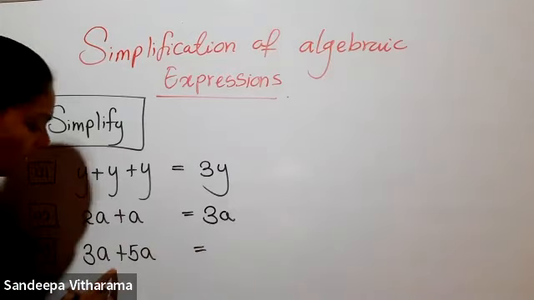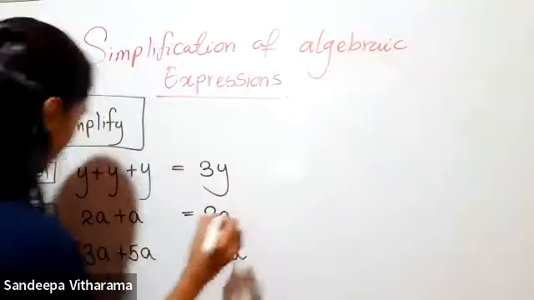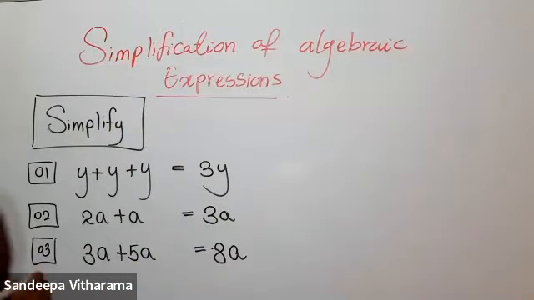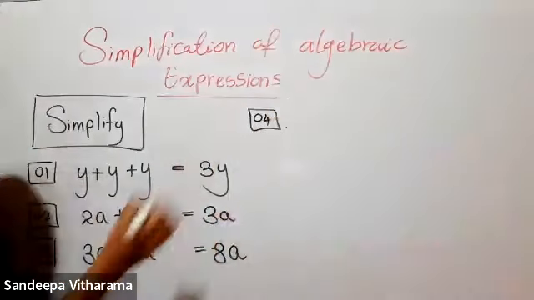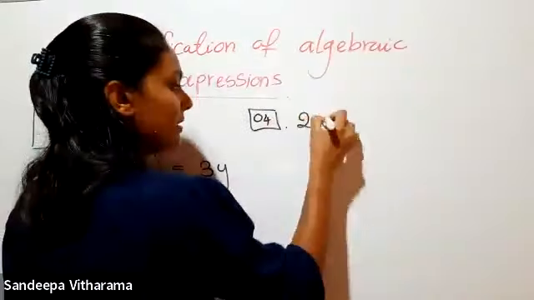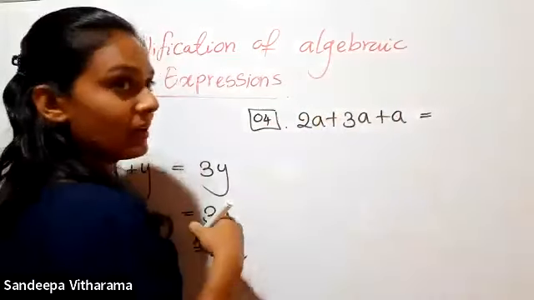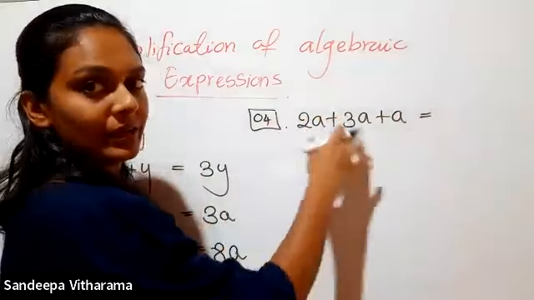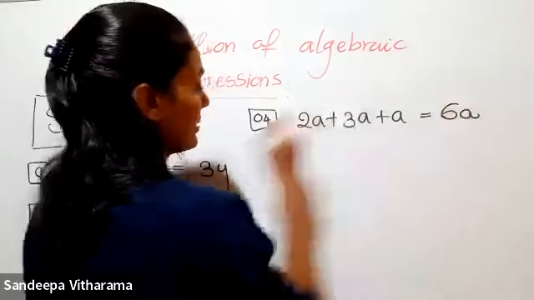Yes. To 3a, 5a is added. Then it becomes 8a. Fourth one. It is 2a add 3a add a. Then what is the answer? It is 6a.